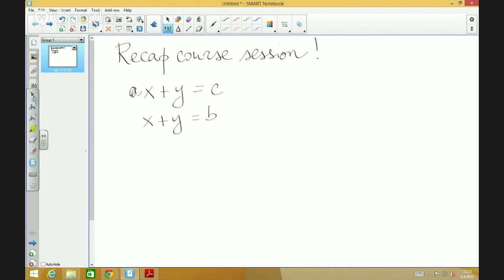And I want to know, where A, B, and C are real numbers, for what values of A, B, and C this system has one solution, no solution, or infinitely many solutions.